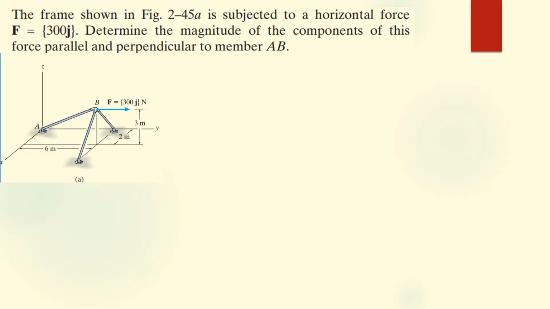Okay, so let's find the unit vector directed along AB. How do we find the unit vector?